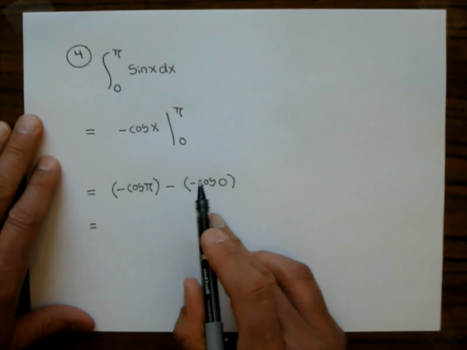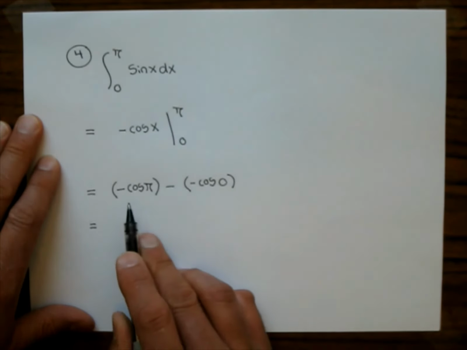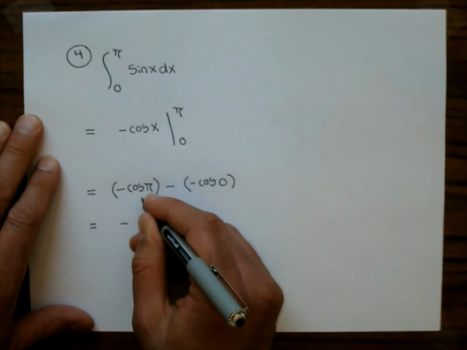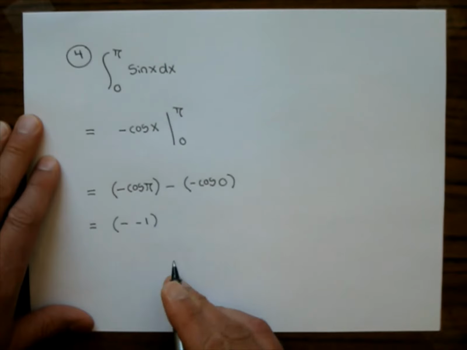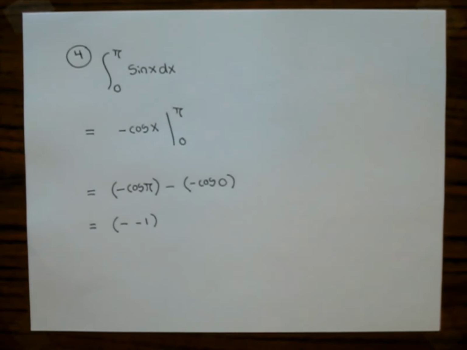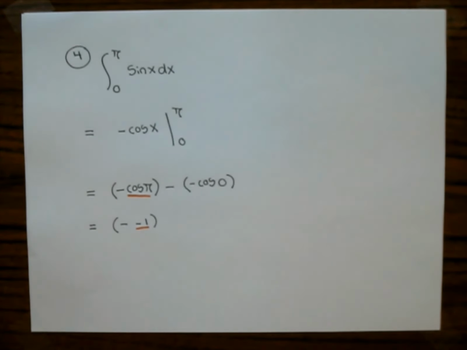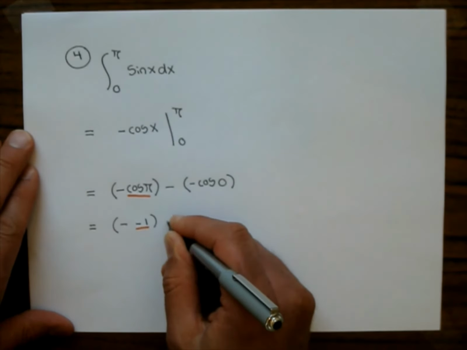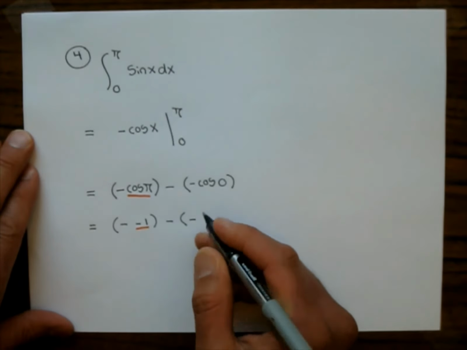Okay, so cosine of pi, if you remember the graph, starts off at 1 and dips down. There's a negative there, and the cosine of pi is -1. So this guy right here is that. And then we have minus, and in here we have negative cosine 0.